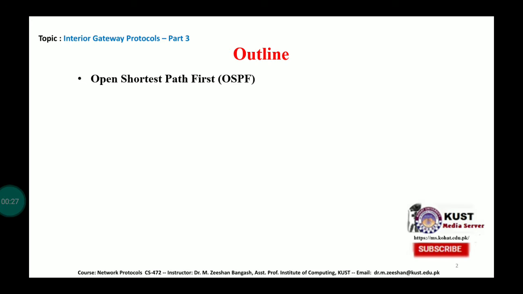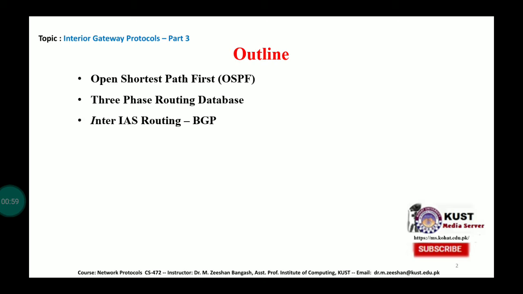In today's discussion, we will be discussing another interior gateway protocol, that is the Open Shortest Path First. It is the most used protocol in routing, particularly in hierarchical routing. Then we will be discussing the three phases in routing databases.